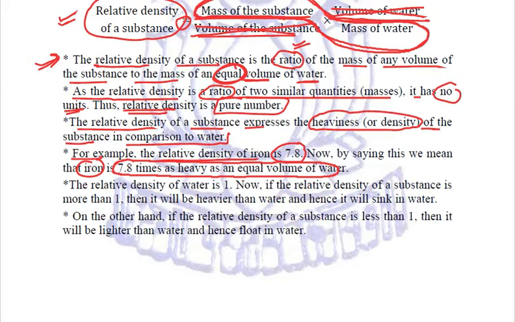So, the relative density of water is 1. Now, if the relative density of any substance is more than 1, it means that the substance will be heavier than water, and therefore if this heavier substance or object is put in water, being heavier and having more density, it is going to sink in water.